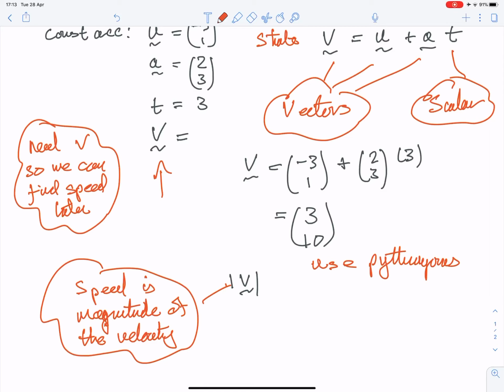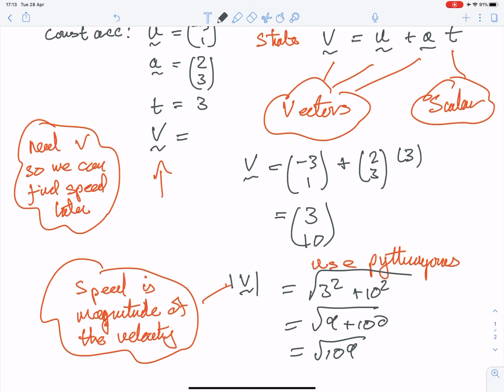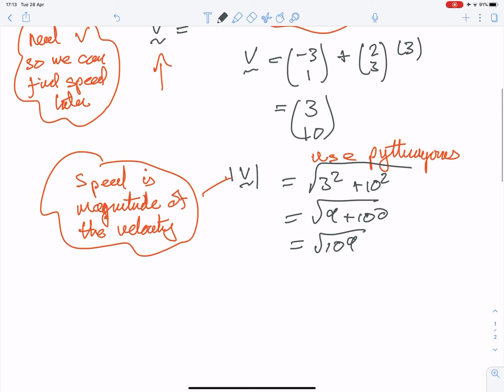So we get 3 squared plus 10 squared square rooted, square root of 9 plus 100, square root of 109 is going to be roughly, well, it's going to be between 10 and 11, probably nearer 10. Take 10.3, 10.4. You can check it on a calculator. 10.4 meters per second.